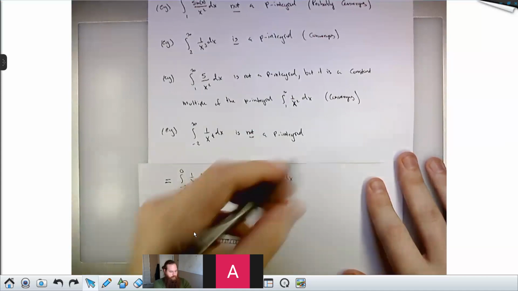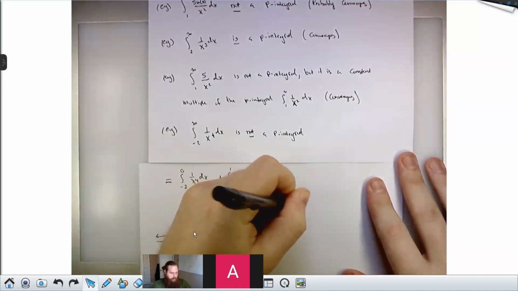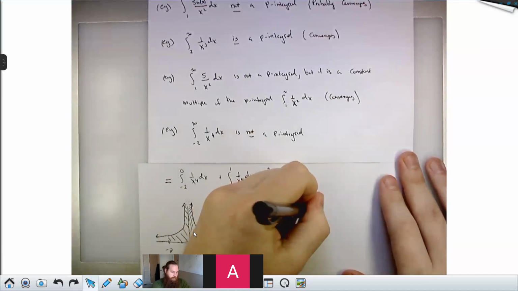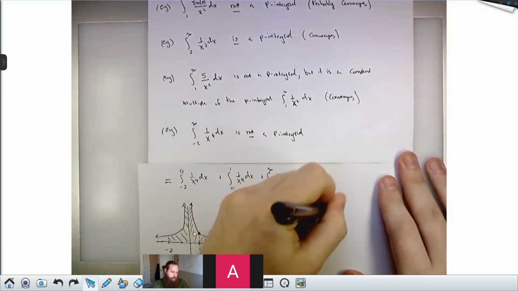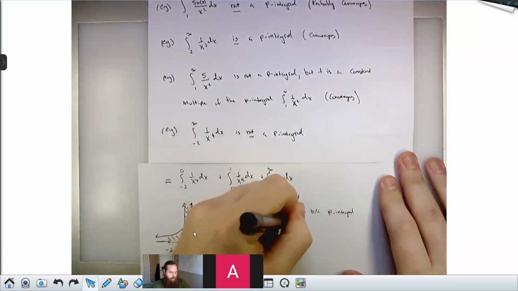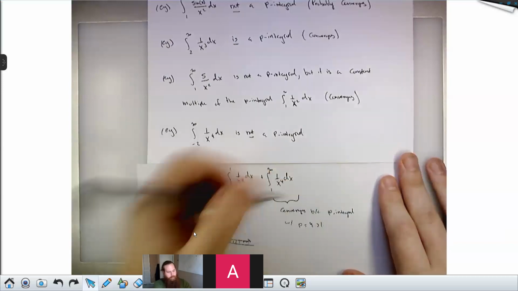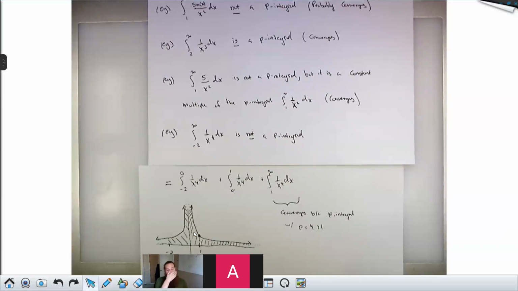This guy certainly converges, because it's a p integral with p equal to 4, which is bigger than 1. So the type 1 portion of this is a p integral. The problem is just that this integral has mixed type 1 and type 2 stuff.